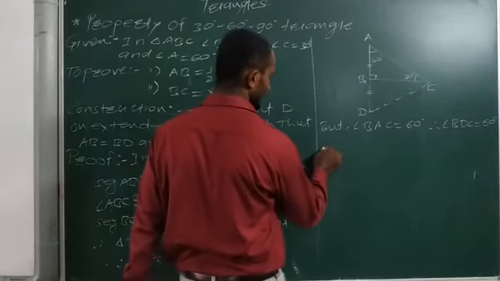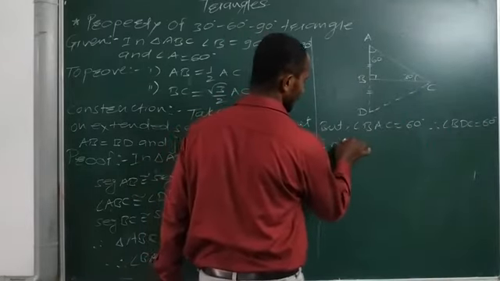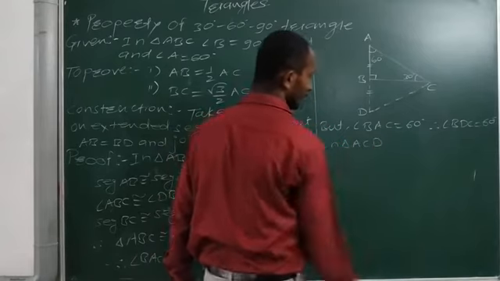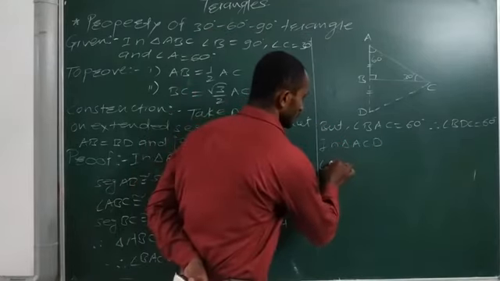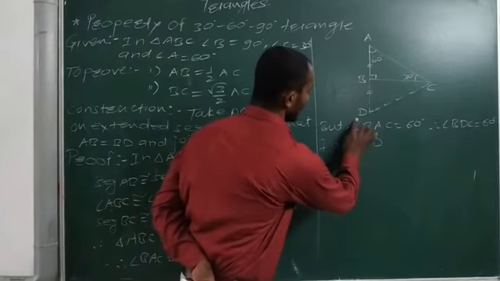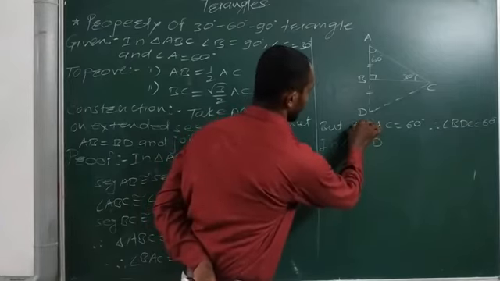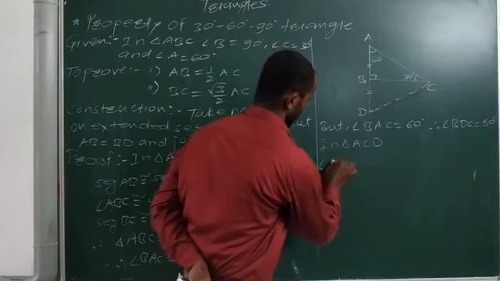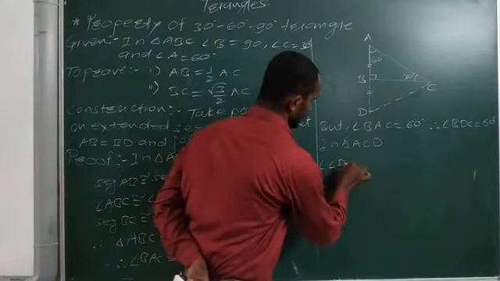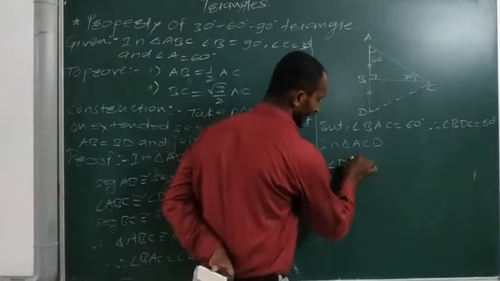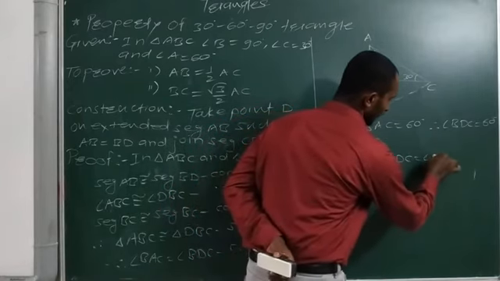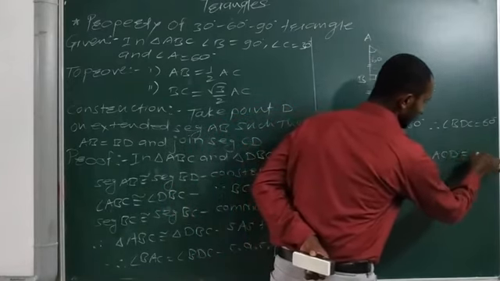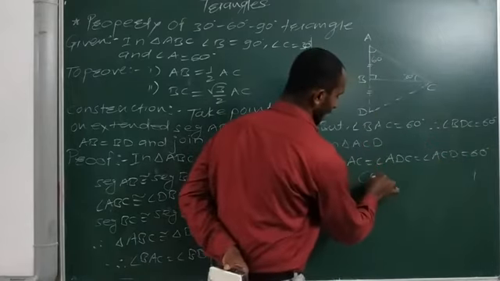So therefore we can say that in triangle ACD, angle DAC equal to angle ADC equal to angle ACD equal to 60 degree each by angle sum property.